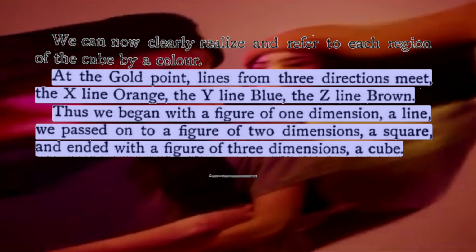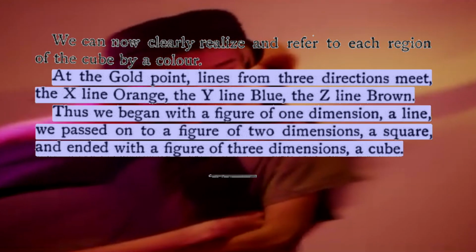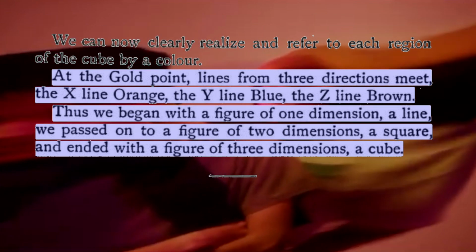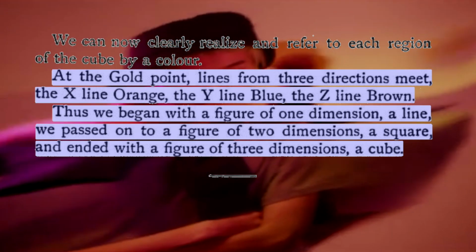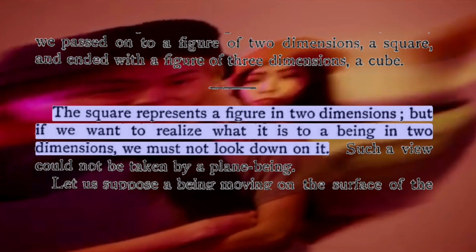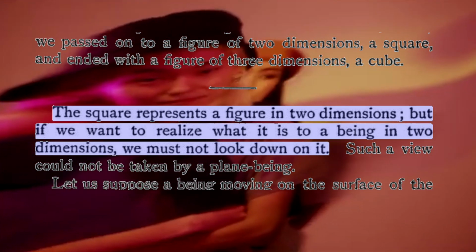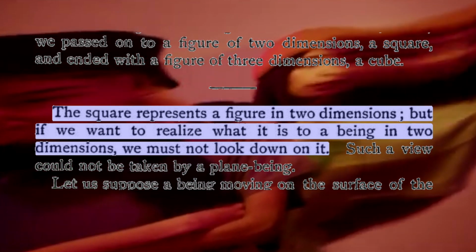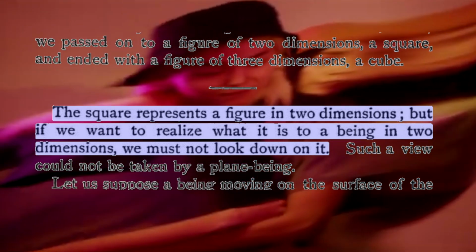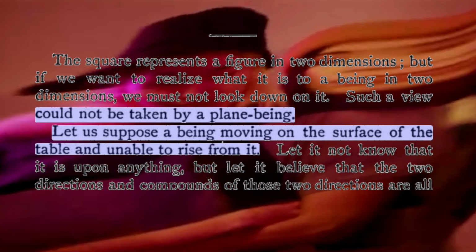Thus we began with a figure of 1 dimension, a line, we passed on to a figure of 2 dimensions, a square, and ended with a figure of 3 dimensions, a cube. The square represents a figure in 2 dimensions, but if we want to realize what it is to a being in 2 dimensions, we must not look down on it.